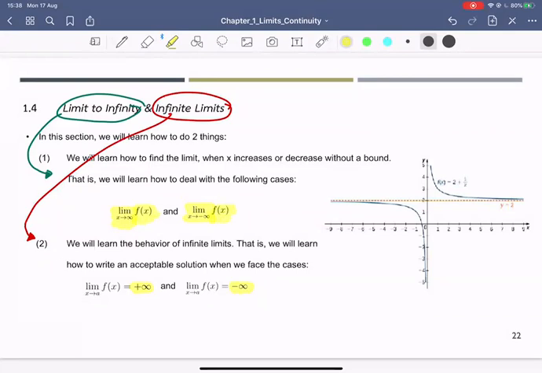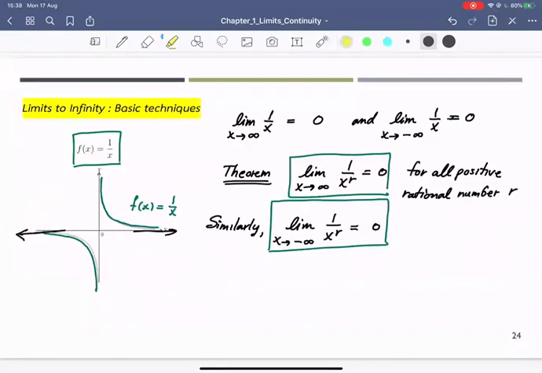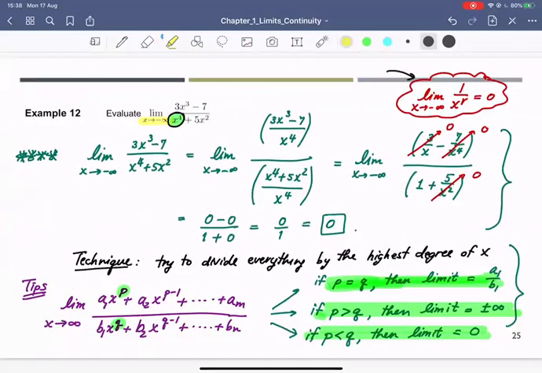Usually f(x) is going to be given as a rational function, and then you can just use the technique that I just explained on page 25. So usually you can just guess your answer first by looking at the behavior of the highest degree. And then after that, you show your work in full by dividing everything by the highest degree and following the steps.